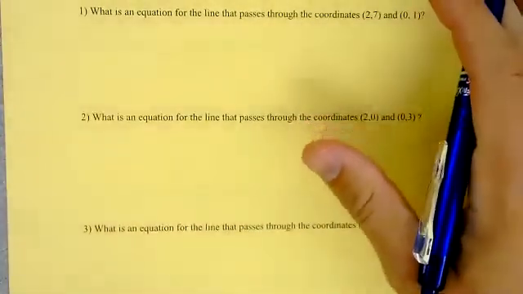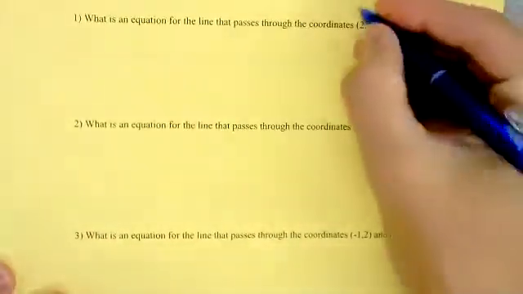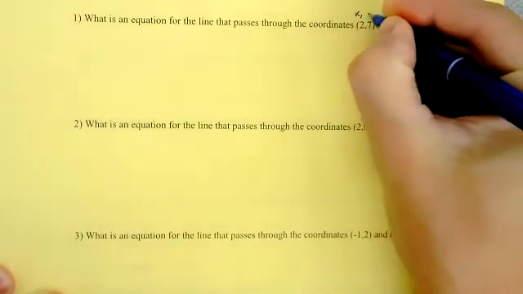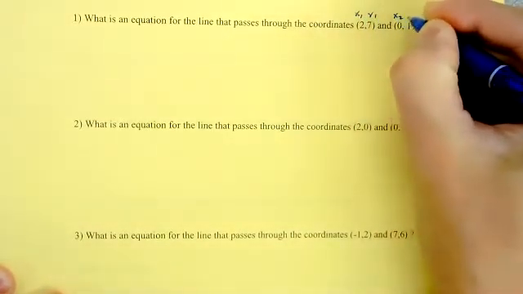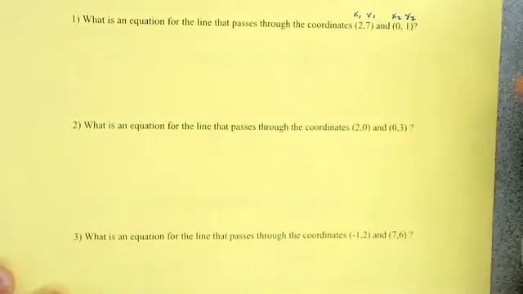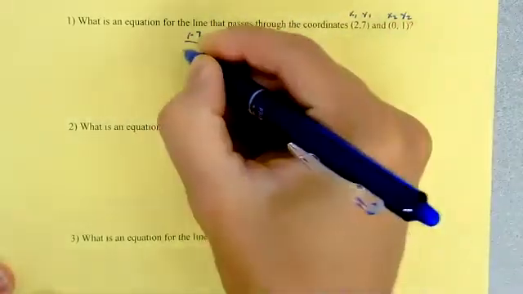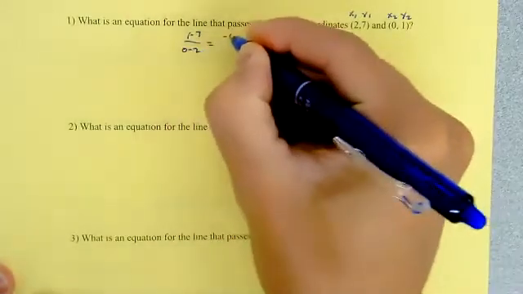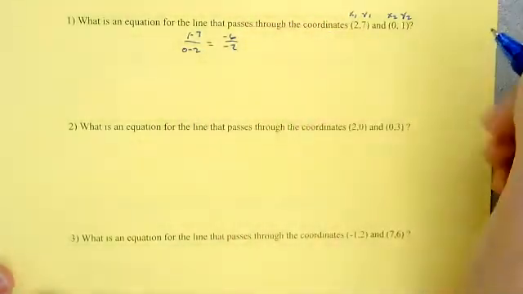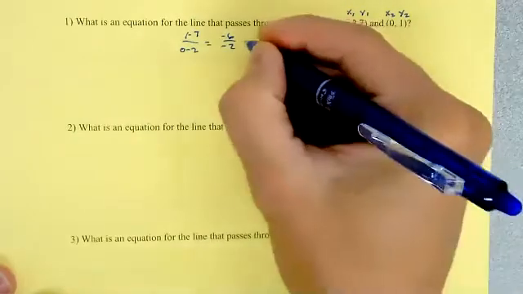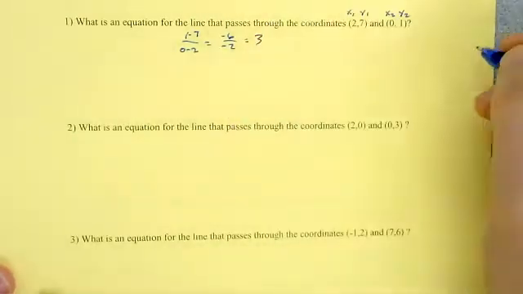Alrighty, so first one here, same thing. It would help you to label it: x1, y1, x2, y2. So we get 1 minus 7 over 0 minus 2. So I get -6 over -2, which gives me a +3.